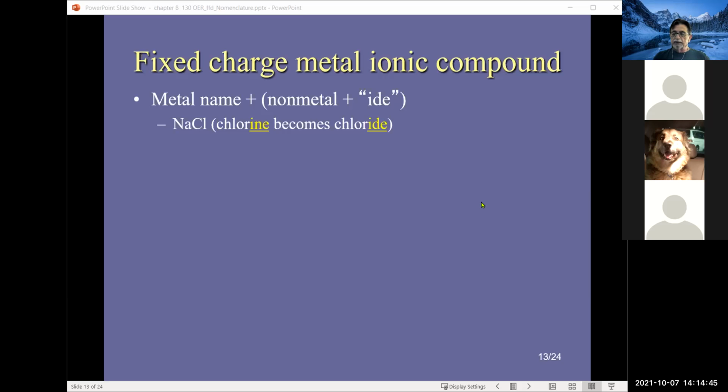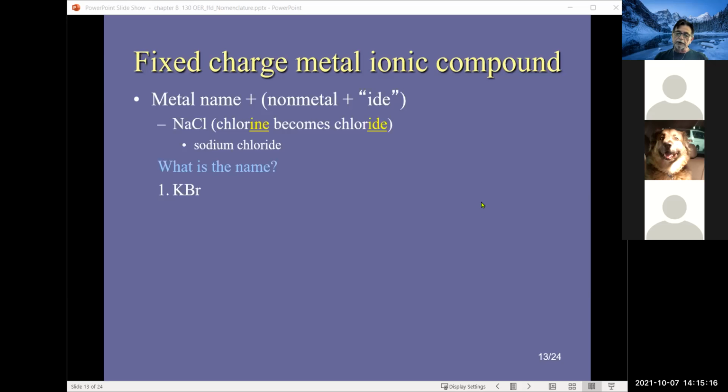I talked at length about the anion, how we change the name when it is a single element, okay? When the chlorine becomes ionic, it's the chloride. There are things like chlorate and chlorite, and that's beyond the scope here, but those are oxygens bonded to the chlorine, just like the sulfur is. So in this name here, this would be simply called sodium chloride, okay?